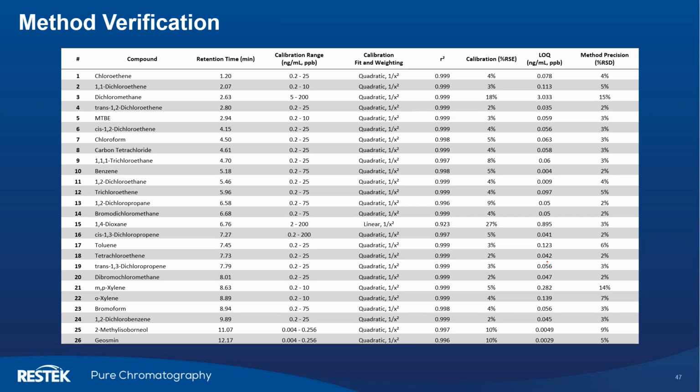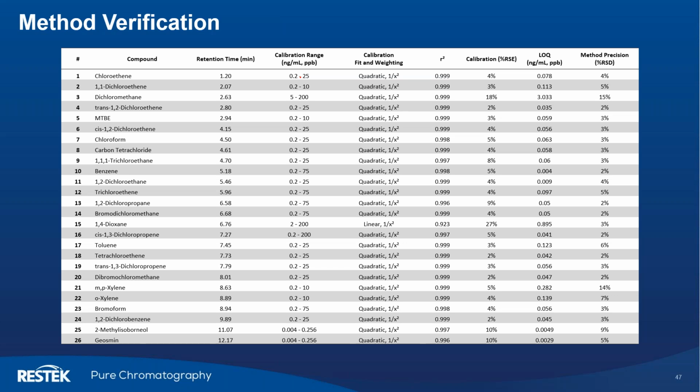So here you can see our method verification table. You'll note that some of these compounds have different calibration ranges, and that's due to analyte saturation, which is something that I mentioned early on. Each of these analytes is going to extract at much different rates. So for dichloromethane, this range is much different compared to chloroethene.